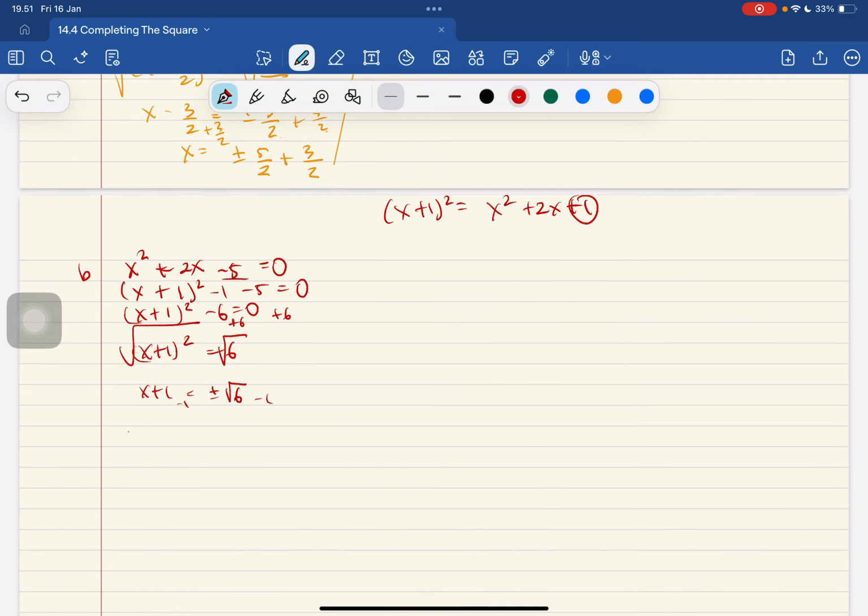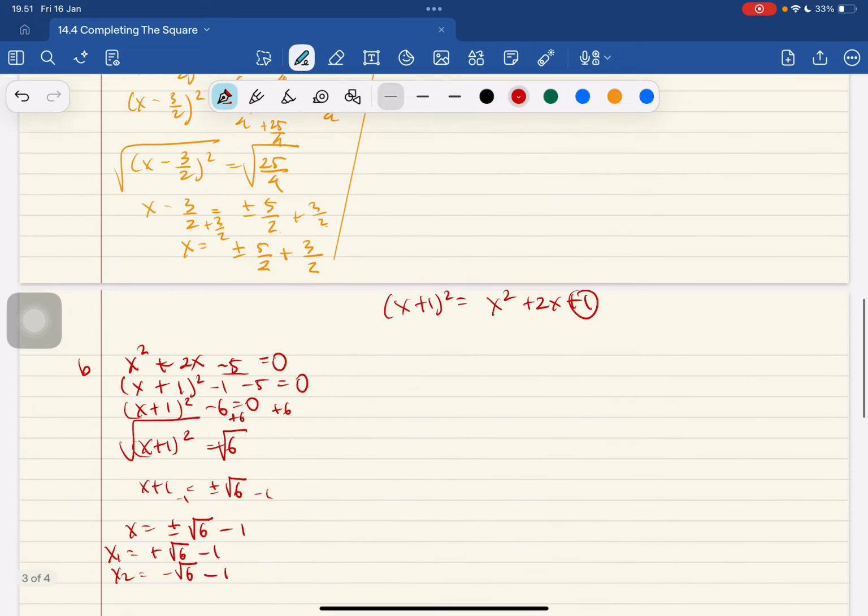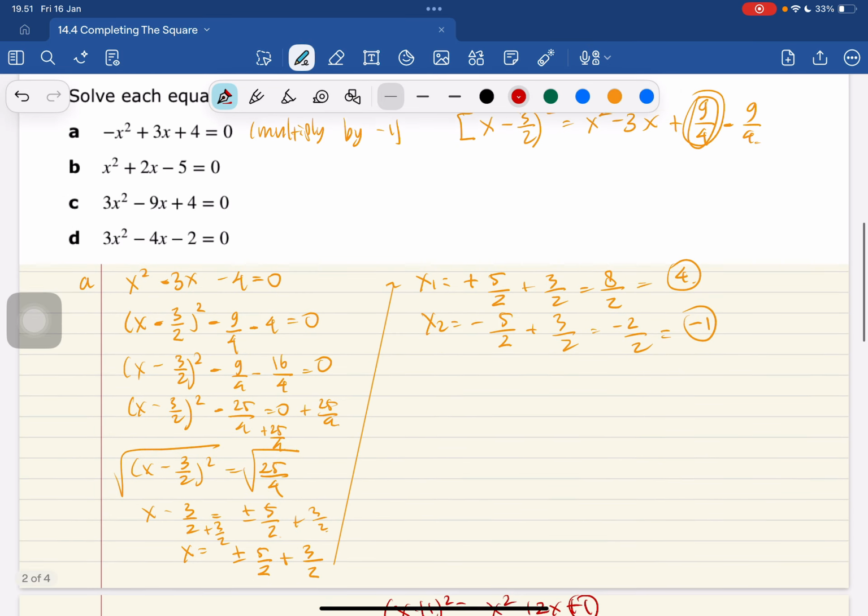So x equals plus or minus the square root of 6 minus 1. The first x is going to be square root of 6 minus 1, and the second x is going to be minus square root of 6 minus 1. That is for B.